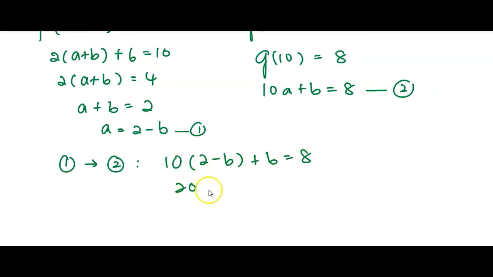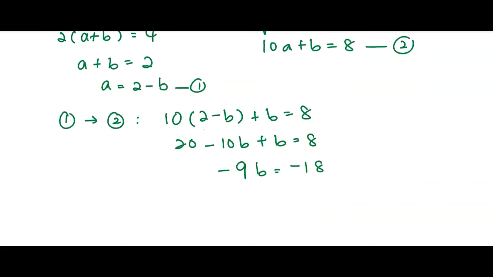Expand it, you have 20 minus 10b plus b equals 8. Solve this. You got negative 9b equals 8 minus 20. That will be negative 12. All right. So b will be equal to 12 over 9. That will be 4 over 3.